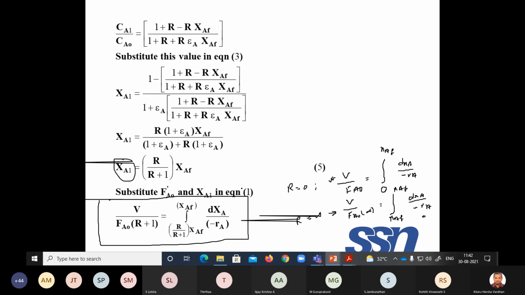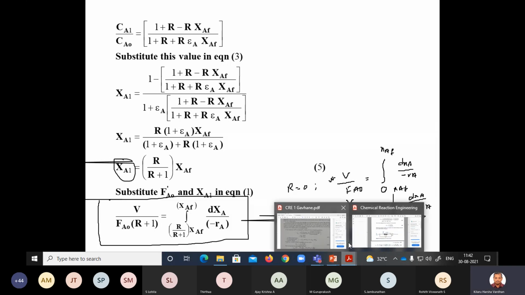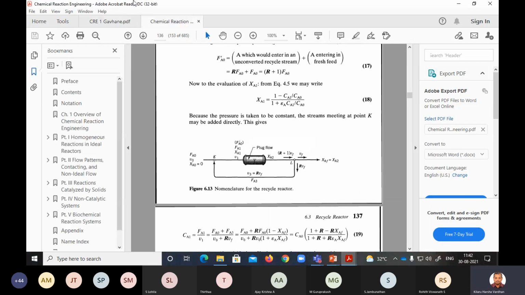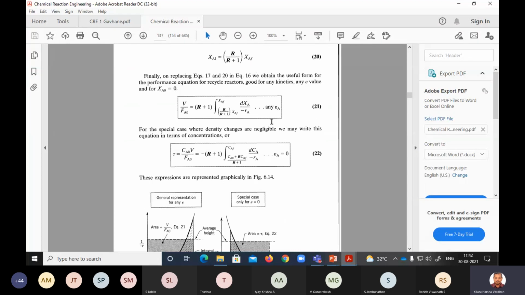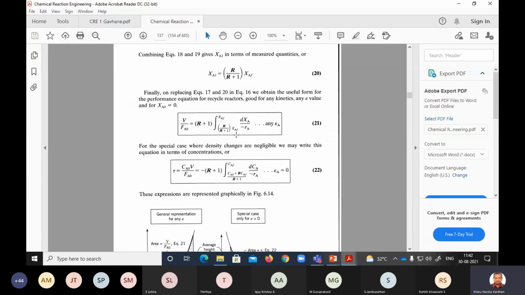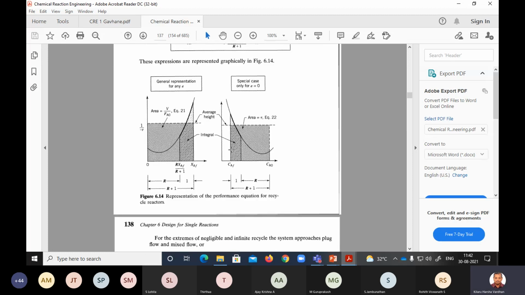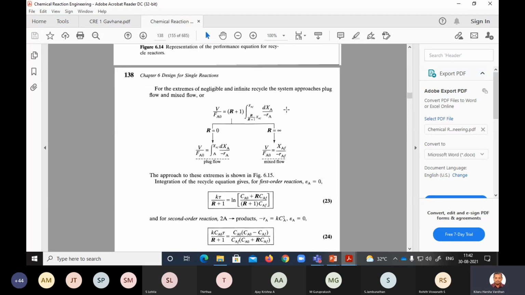Again, an open question here. No book will give you this. You see any book. This is the equation. From this equation, when R tends to 0, you are getting this.